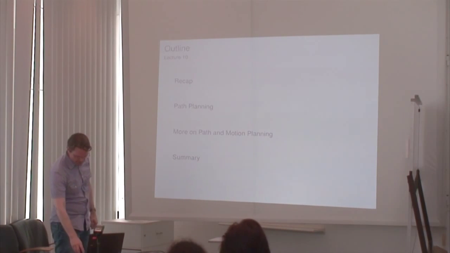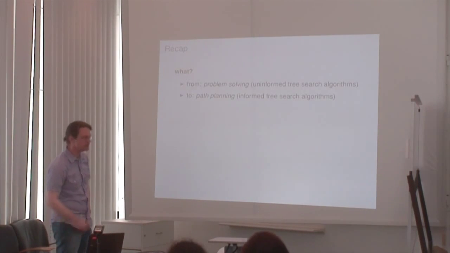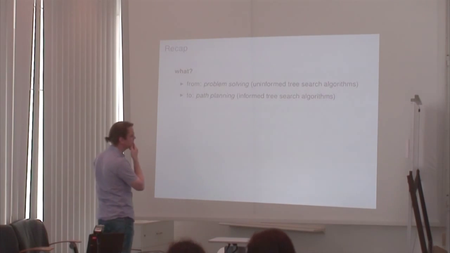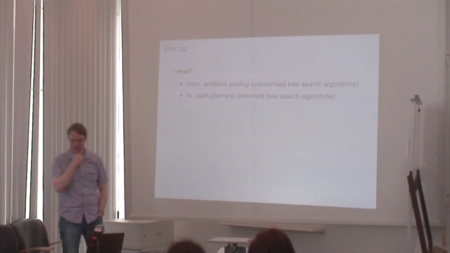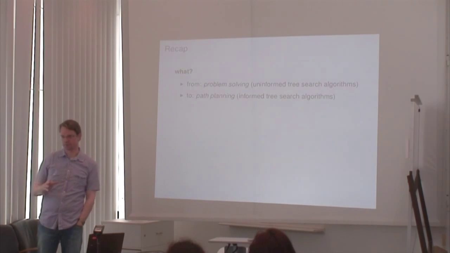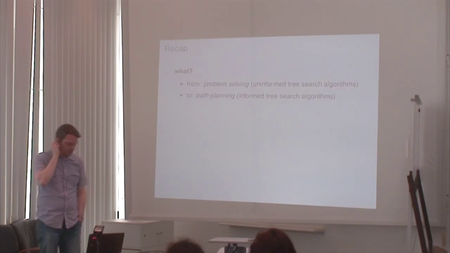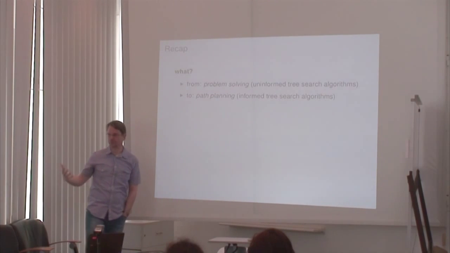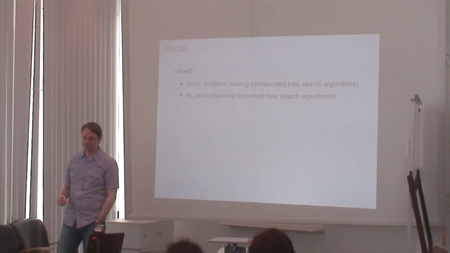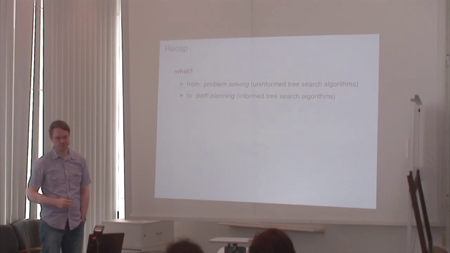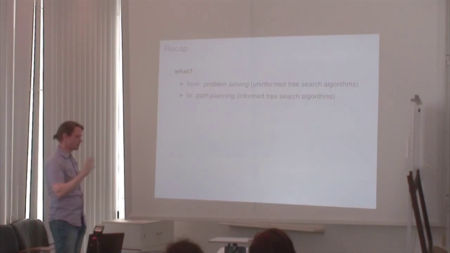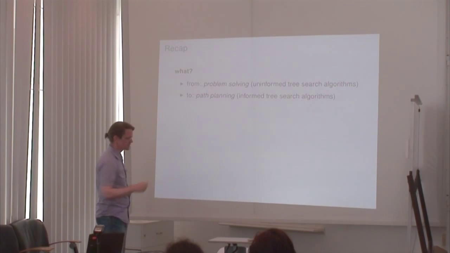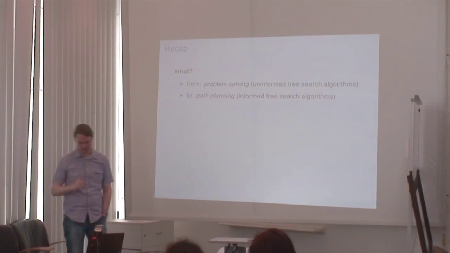So, let's start. You remember, we have been studying the problem of problem solving. And our approach towards that problem was to consider tree search algorithms. We studied a lot of tree search algorithms more or less in detail, and looked at their runtime behaviors.